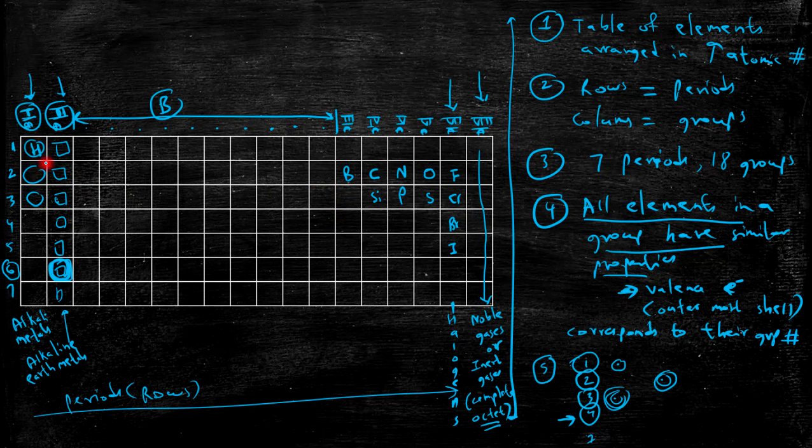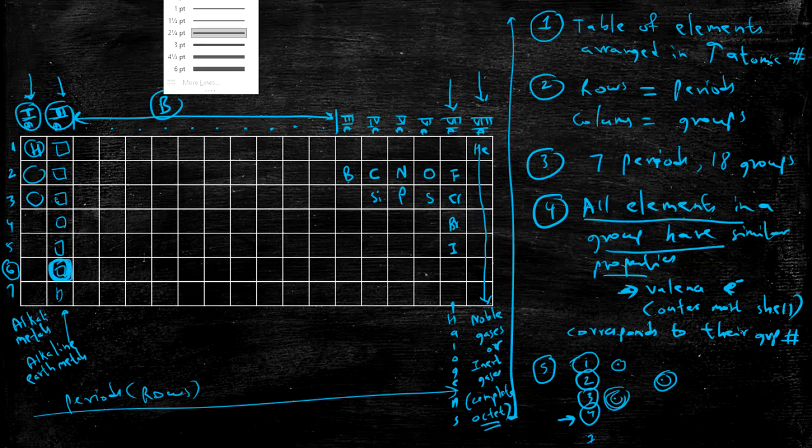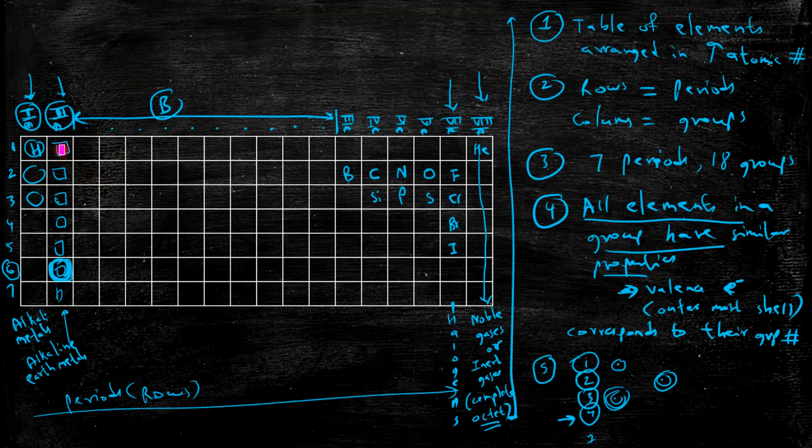One being hydrogen and helium. Now I'm going to block some of the squares which do not have any elements in them, because the way I drew the table was just a simplified table. So I'm going to fill in some of them. So for example, there is no, oh, I'm not able to fill that correctly.